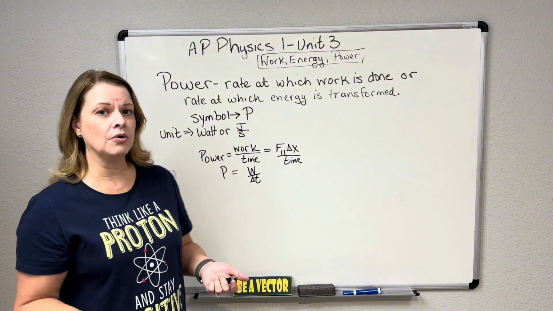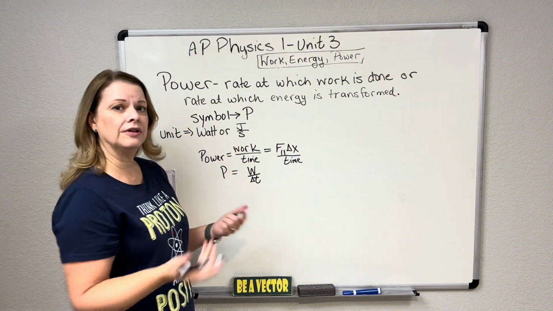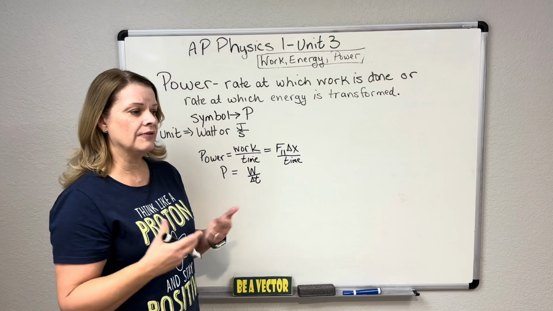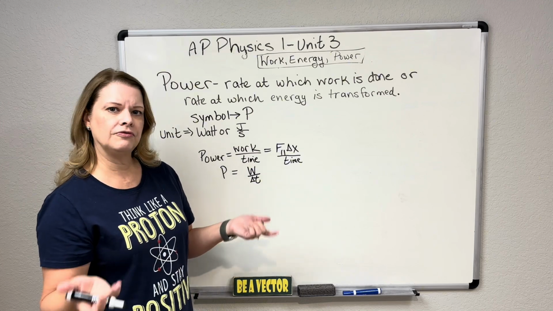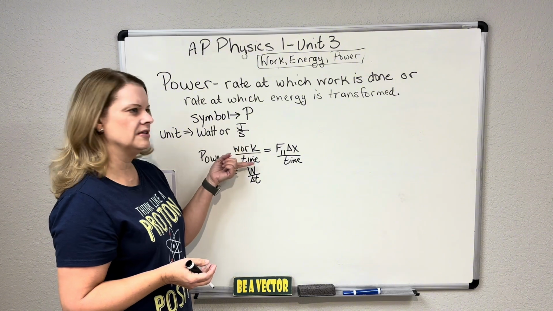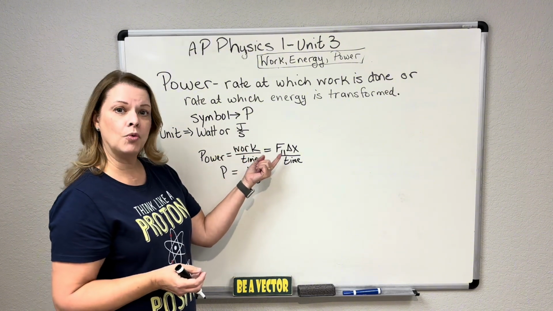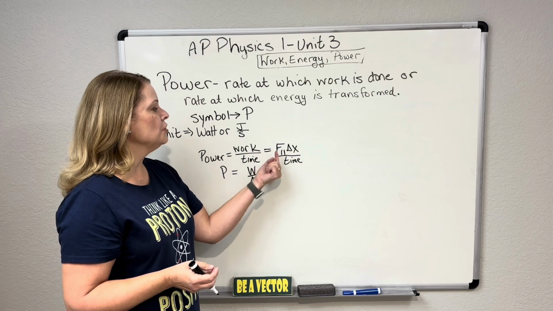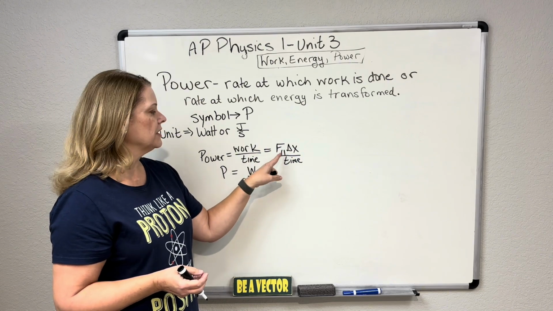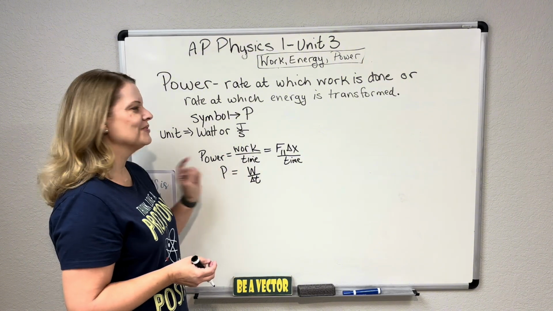That's another equation you can use for power. If they give you work and say this force did 10 joules of work in 1 second, then it would be 10 divided by 1 and you would have 10 watts. But if they gave you a force and a displacement, you could multiply those, making sure you're getting the force parallel to displacement, and divide by time, and you would also get power.